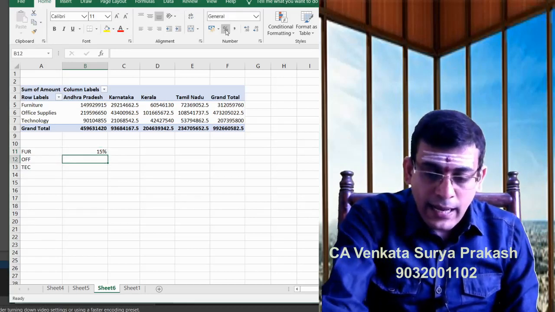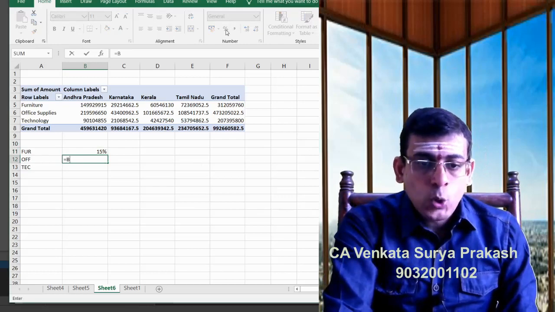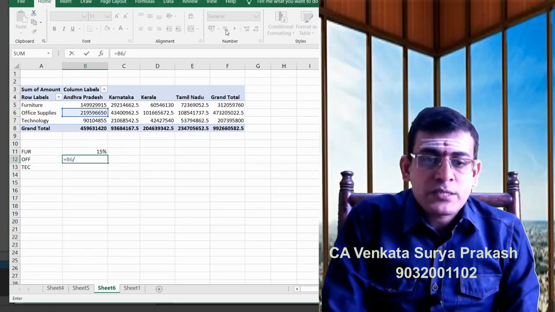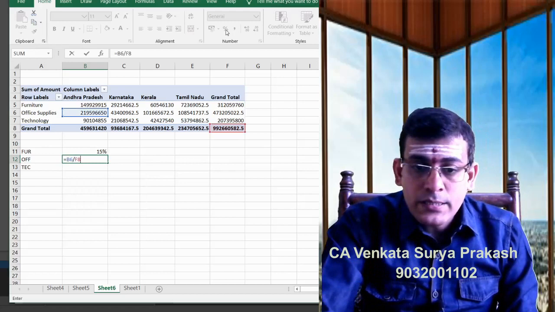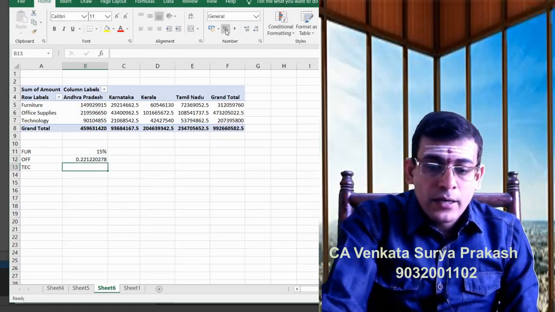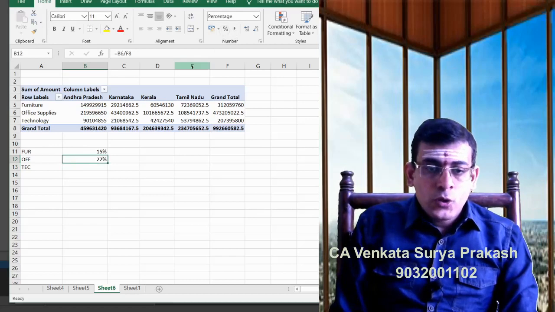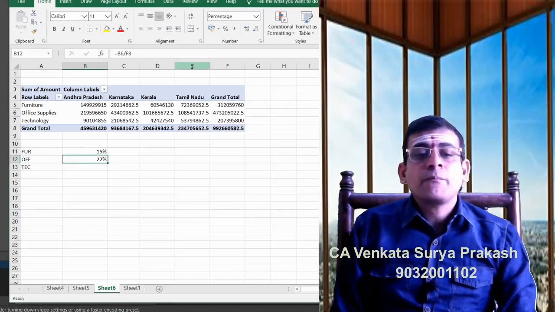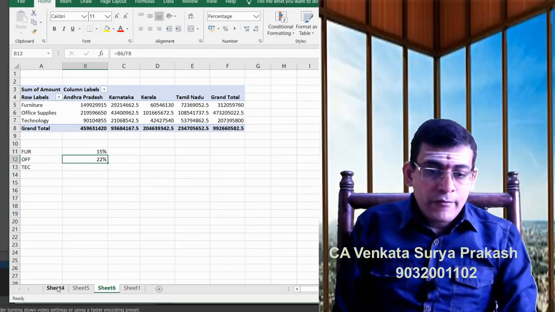Like that, if I calculate Andhra Pradesh office supplies as a percentage of your total revenue, it is nothing but 22%. That means in Andhra Pradesh, you are getting the major portion from office supplies.